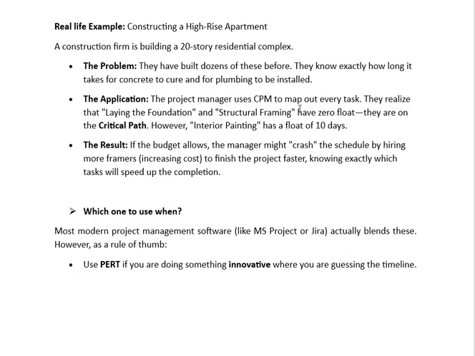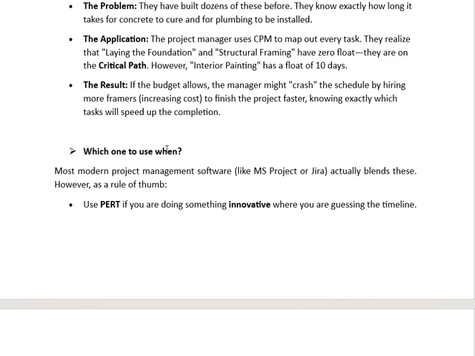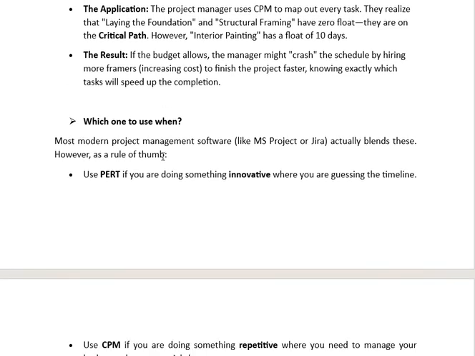So interior painting has a float of 10 days. For that, if the budget allows, the manager might crash the schedule by hiring more framers. Okay. Which one to use when? Most modern project management software like MS Project or Jira actually blends these two.